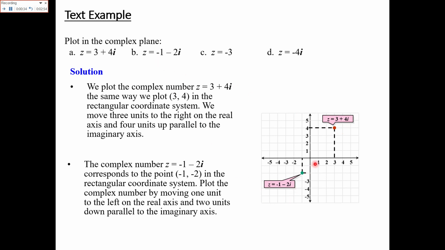The next example is minus 1 minus 2 iota. Both the numbers are negative, so we will have it in the third quadrant. Here we have the value for minus 1, and we have the value for minus 2 on the imaginary axis. So this will be our number.